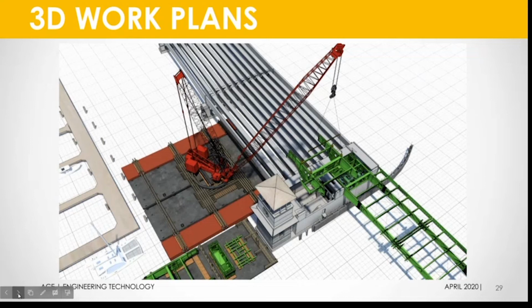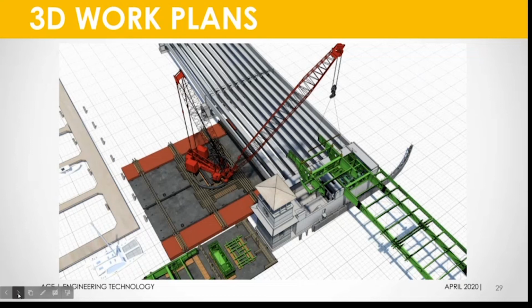So this is a case where, again, we took that design model, we added some more information to it. We've put some crane models and some of the other parts and pieces in there so that we can physically plan everything out before we actually get into building it.